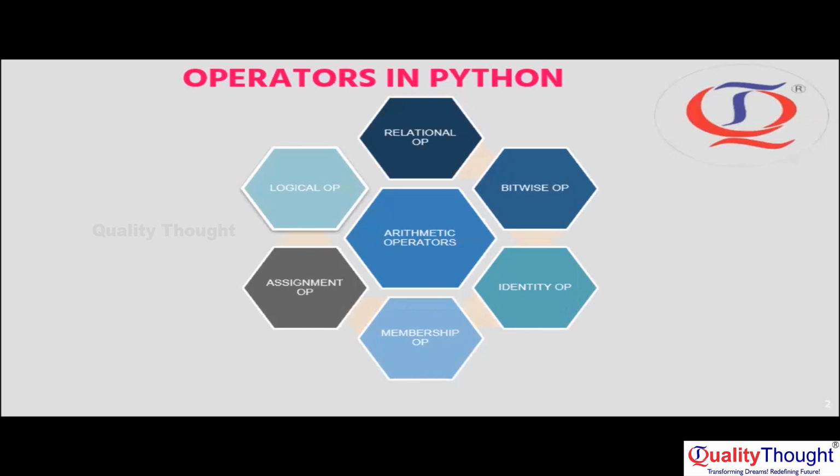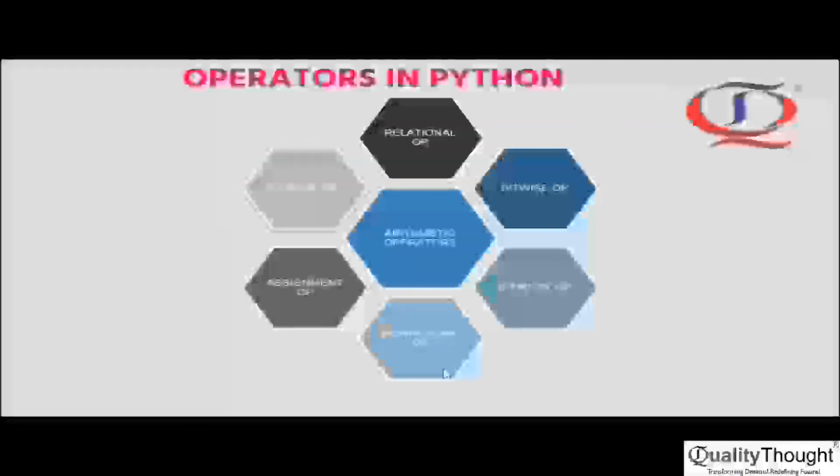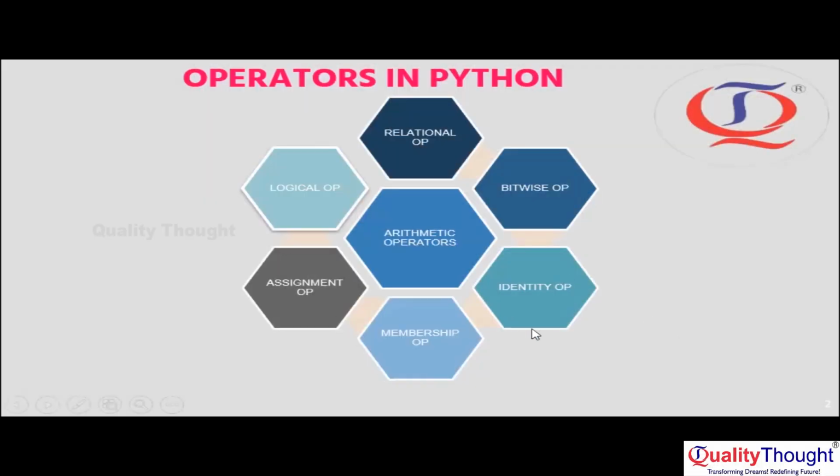Apart from this, in Java, C, C++ you have seen these operators, but some of them are not available. I think in Java, membership operators and identity operators are not available. The rest of the operators are available, because even Java is powerful and platform independent. But we cannot compare Python with Java, because Java has its own merits and demerits, and Python has a rich set of merits.